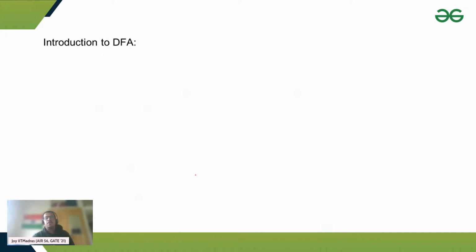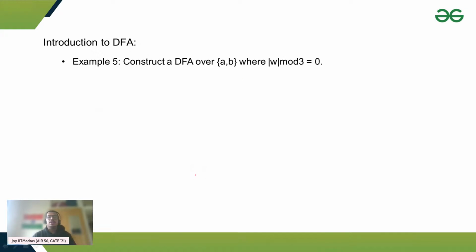Let's move on to our next example, where the length of the string mod 3 will be 0. If we take the length and do the mod of 3, how many types of results are possible?